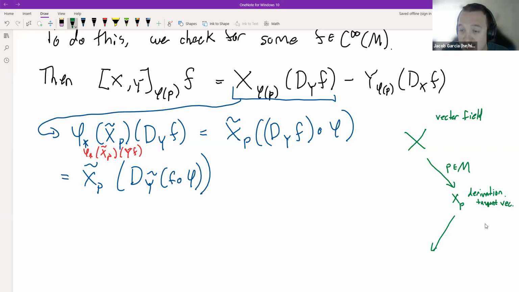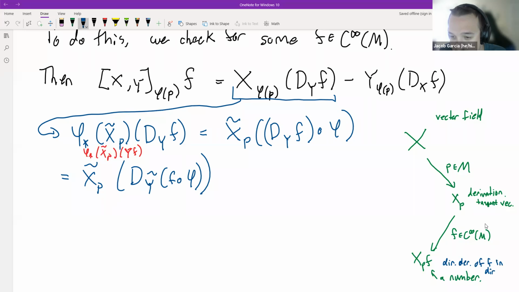Well, I can give a tangent vector a function, right? A C infinity function on M, and I get this thing, and this is a number. Okay. I say that this is a number, but really what this is generalizing is the directional derivative of F in the direction of X sub P, right?